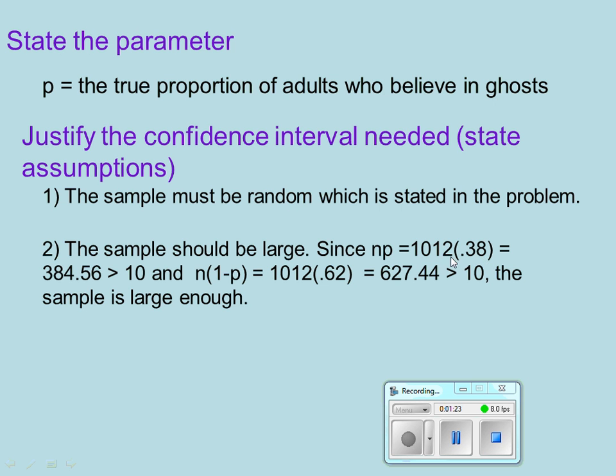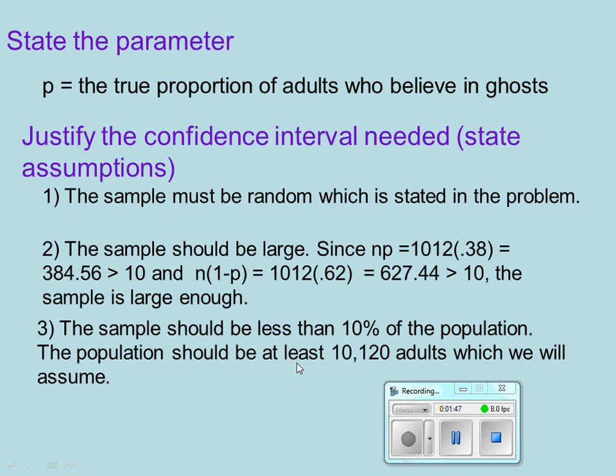You multiply those together and you get 384, which is definitely greater than 10. And then n times q, so again 1012 times 0.62, and 0.62 is the complement of the 0.38. That's where that comes from. And that again is way bigger than 10. So the sample is definitely large enough.